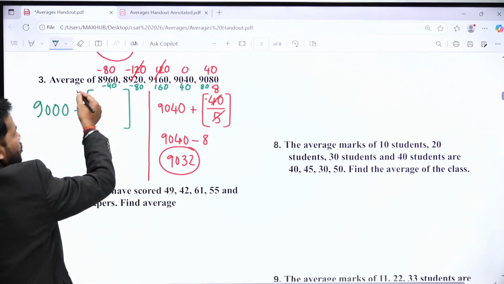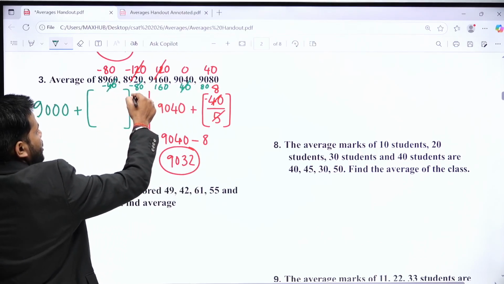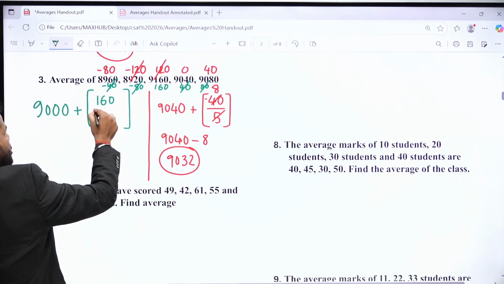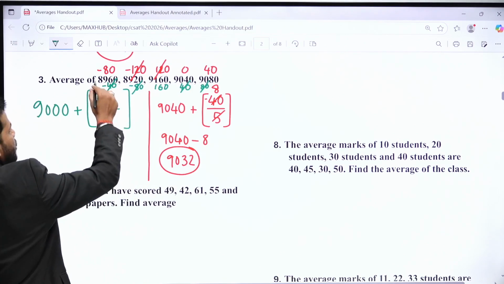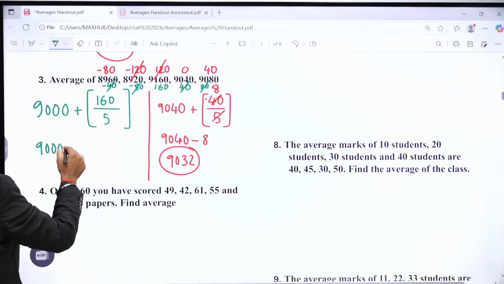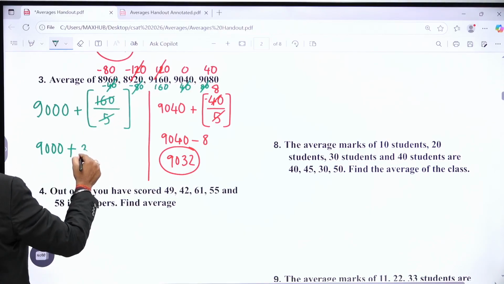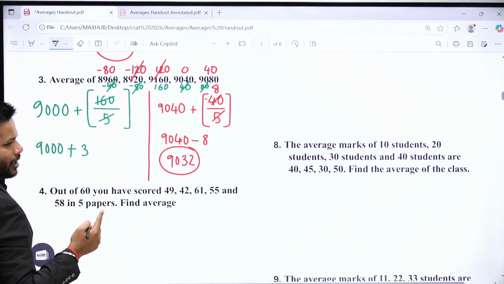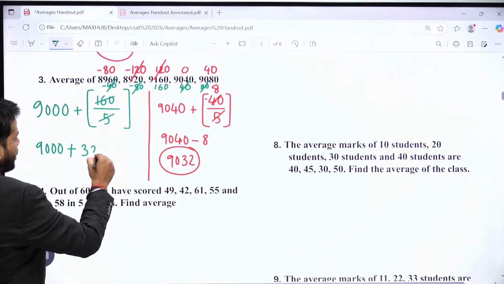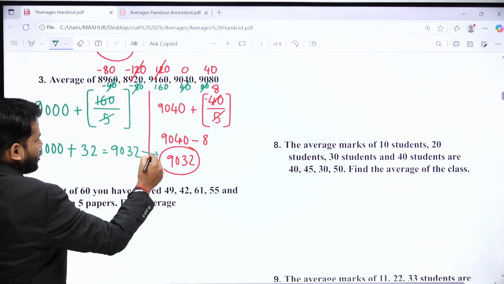Now you are gonna do the addition. देखो -40 plus 40 cancel, -80 plus 80 cancel, 160 बच गया. 160 to be divided among how many people? 5 quantities. तो answer कितना आएगा? 9000 plus इसको cancel करो, 5 से इसको cancel करो, 5 3 जा 15 और बचा कितना? 1, और वो आगे कौन है? 0, तो 10. 5 into 2 is 10. The answer will be 9032. सेम आया या नहीं?